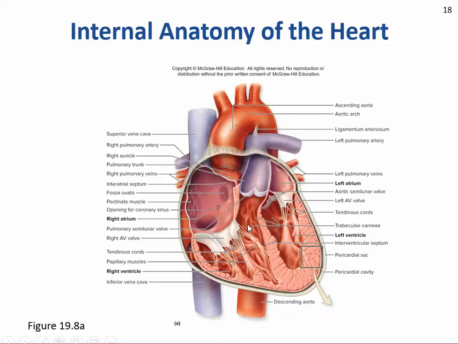These are much larger, and they're called the trabeculae carneae. Trabecula means beam, carne means meat, as in chili con carne, peppers with meat. Carnivore, meat eaters. Trabeculae carneae.